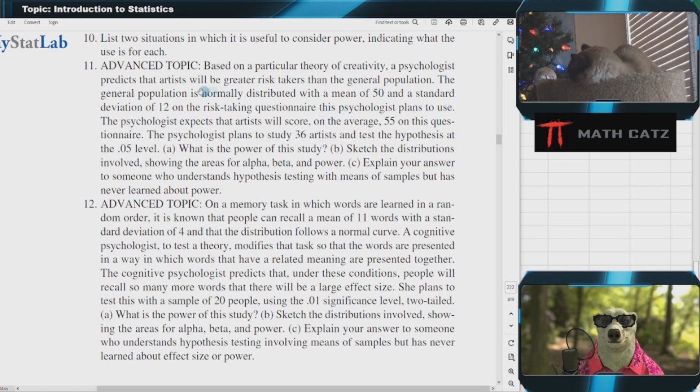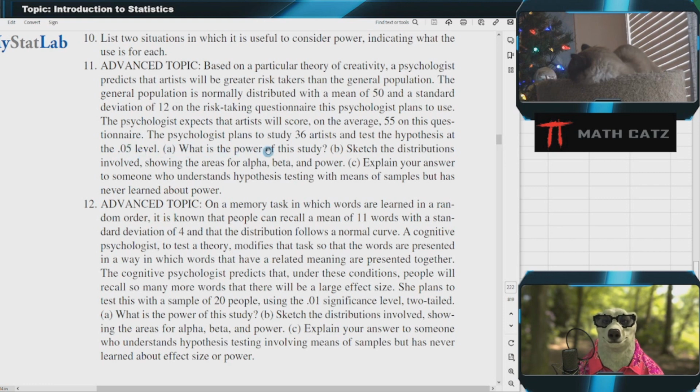Mean of 50, standard deviation of 12. The psychologist expects that artists will score on average 55 on this questionnaire. The psychologist plans to study 36 artists and test the hypothesis at the 0.05 level, so alpha is 0.05, 5%.